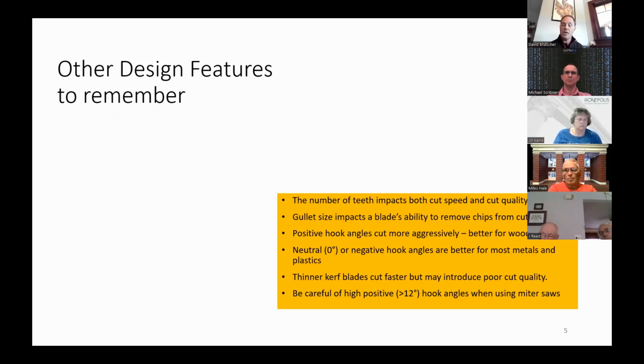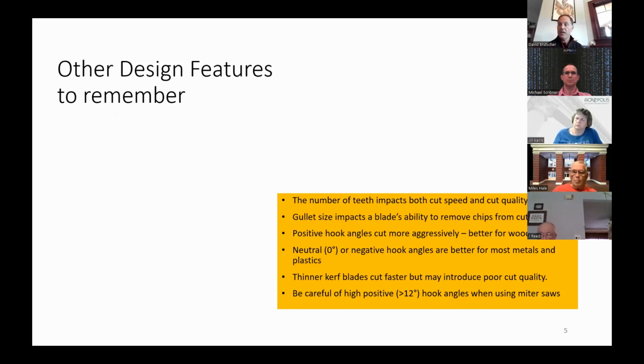Positive hook angles cut more aggressively, and that's really better for wood cutting. Generally, when we talk about wood cutting blades, above 10 degrees all the way up to about 25 degrees is the range that makes the most sense. For metal cutting, neutral or negative hook angles are really best for most metals, and plastics.